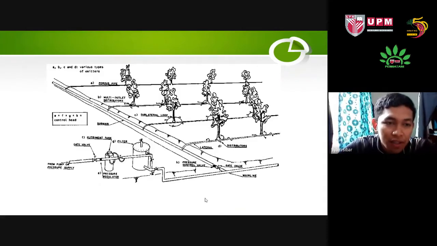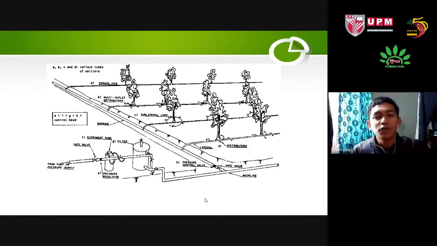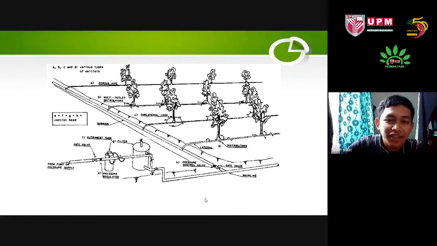The last component is emitters or drippers. These are the devices that we use to control the discharge of water from the laterals to the plants.